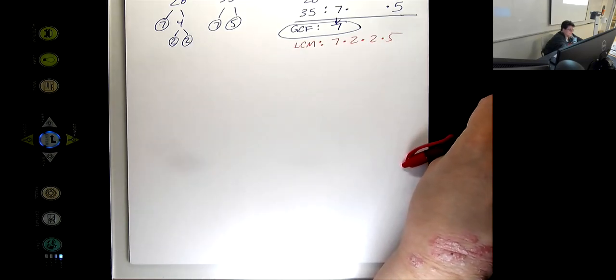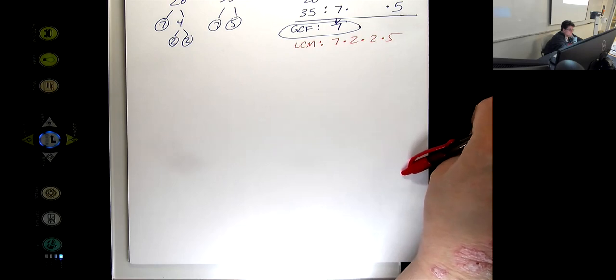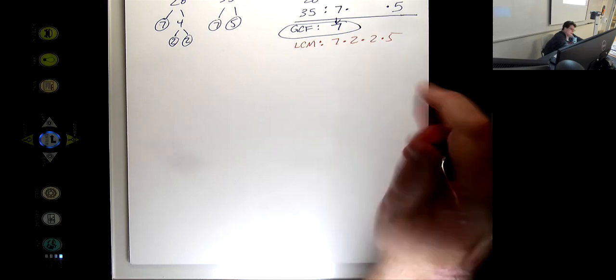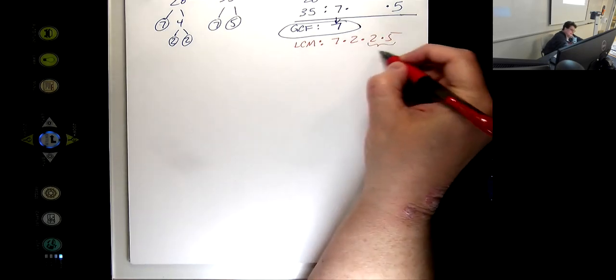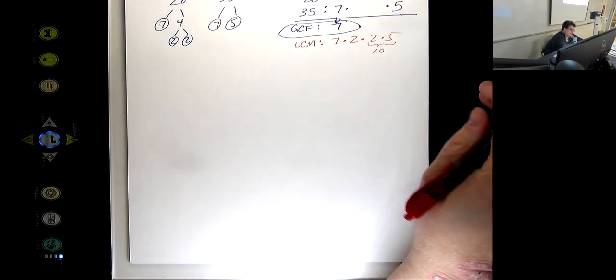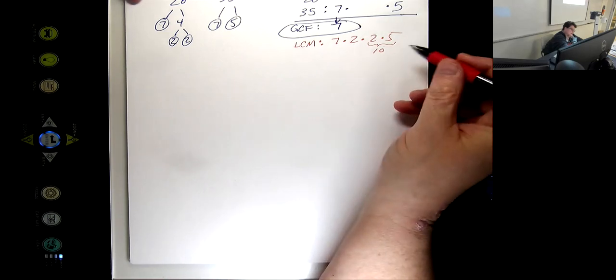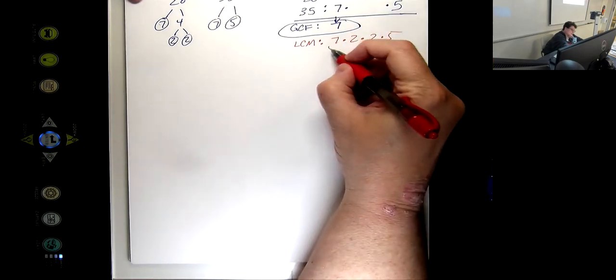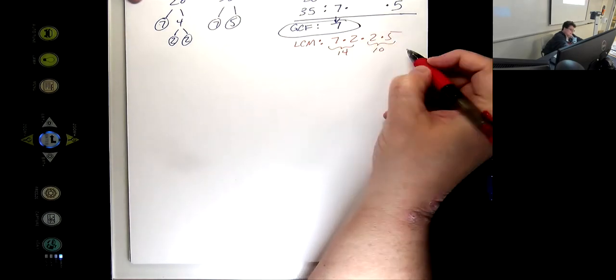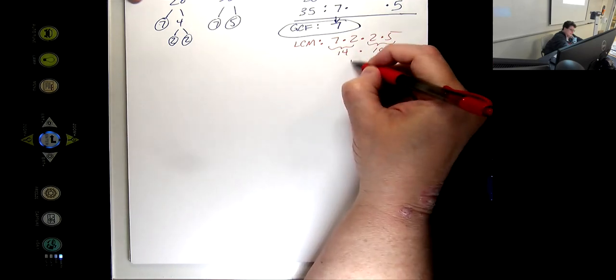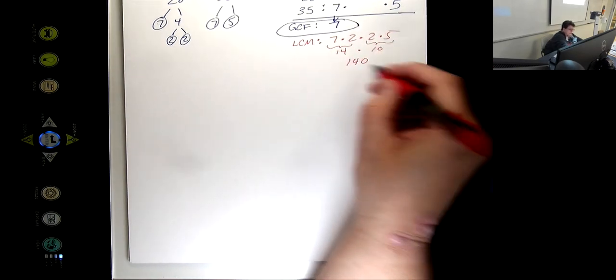Now, that's a lot to multiply together, but we don't have to go left to right with multiplication. I know 2 times 5 is 10. If you see anything that multiplies to 10, it's a good spot to start because it makes the next part easy. 7 times 2 is 14. So 14 times 10 is just add a 0, so 140.